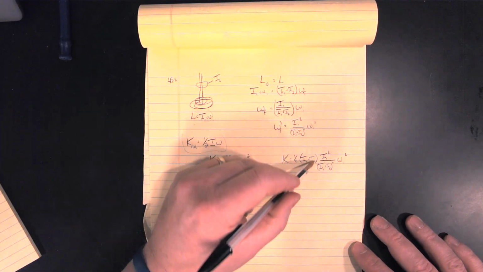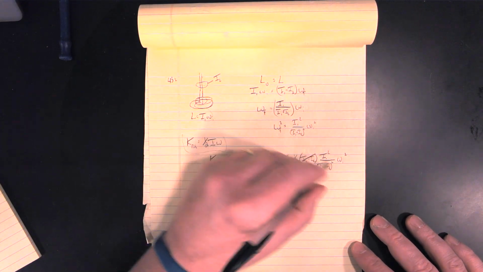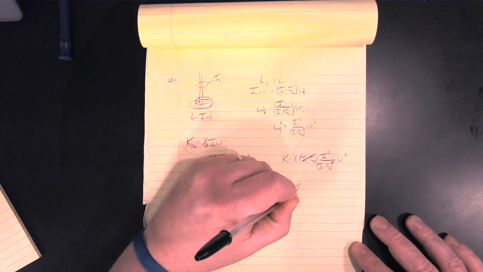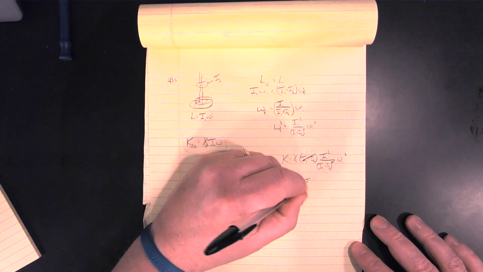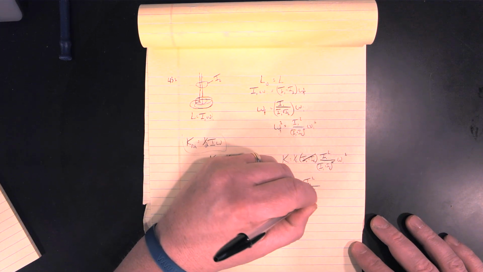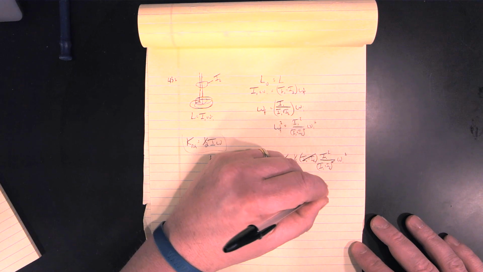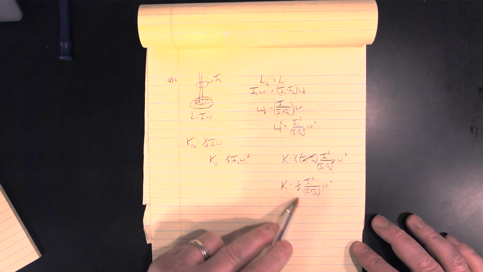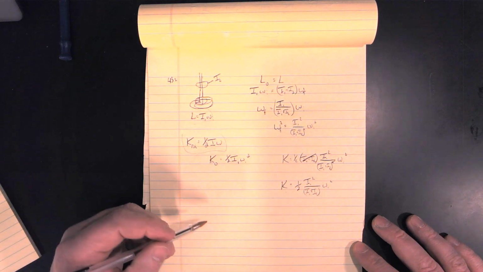What I can do now is this I1 plus I2 is going to cancel out with one of these. So rewriting, K is equal to 1/2 of I1 squared over I1 plus I2 times omega initial squared. That's going to be our final kinetic energy. Now we can find the ratio by setting one over the other.